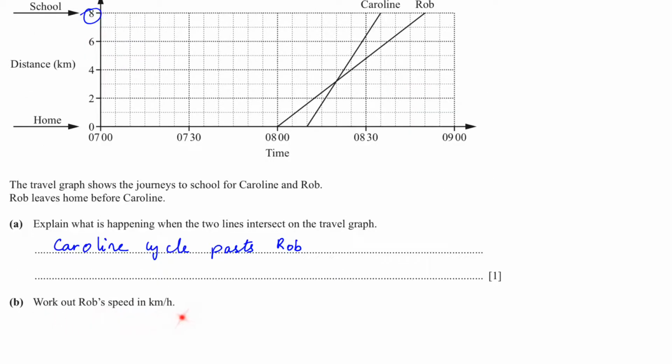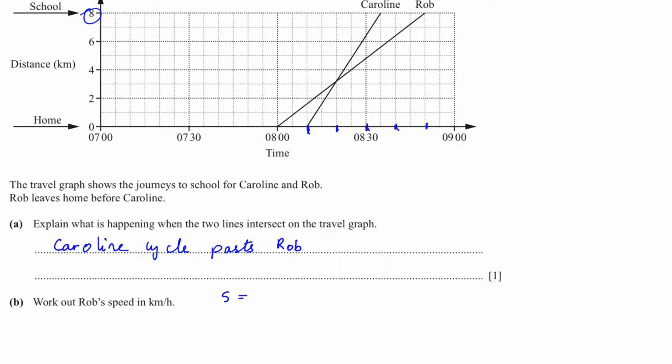Work out Rob's speed in kilometer per hour. Rob leaves the house at 8 and he reaches at this point. We can see that every two squares is 10 minutes. 10, 20, 30, 40 and 50 minutes. And the distance is 8 kilometers.